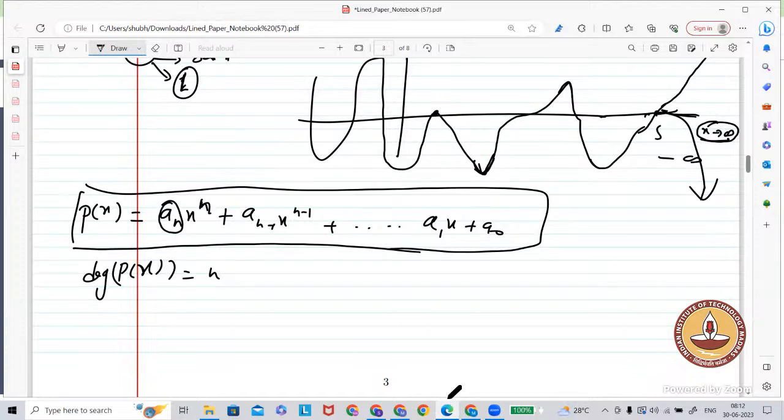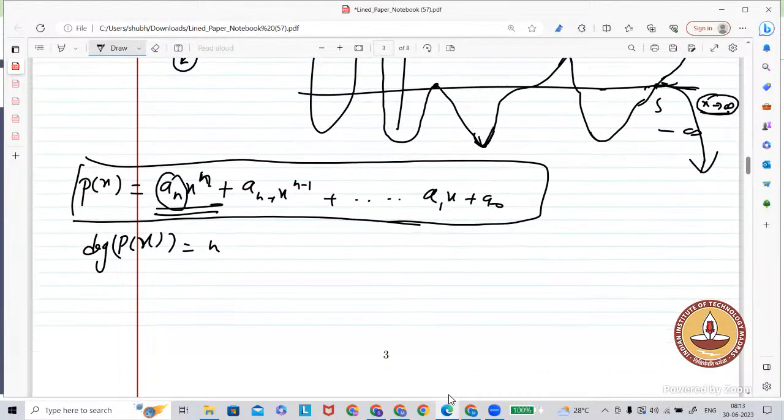Take the highest degree term, this one. The end behavior tells you to take the highest degree term in the polynomial, which has degree n, and take its coefficient.